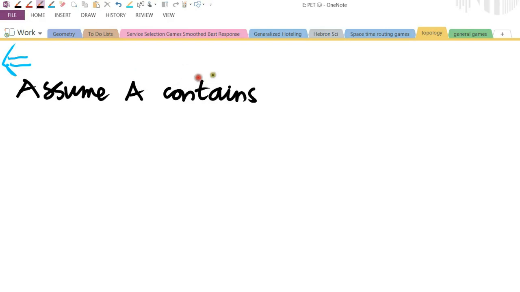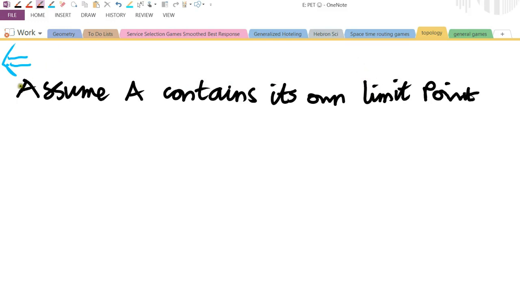Okay then, so now we're going to assume that A contains all its own limit points. Another way of saying that is that every point outside of A is not a limit point.